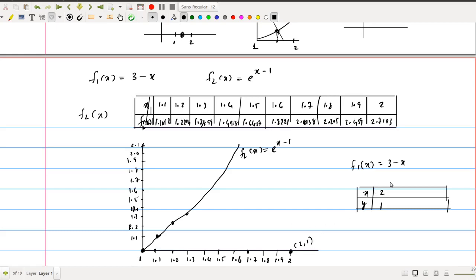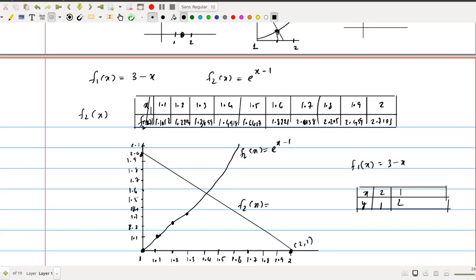And at the point 1 we have 3 minus 1, that is 2. So we draw the graph of this. This is a straight line.